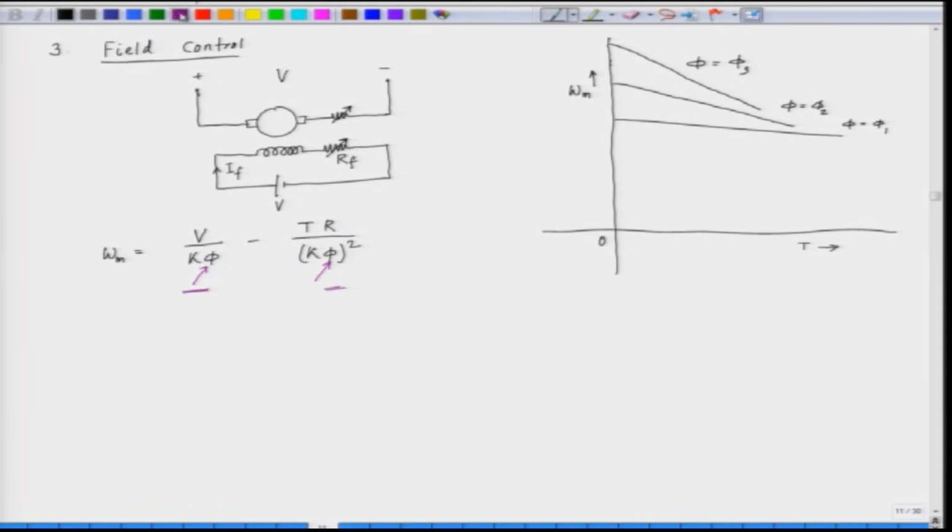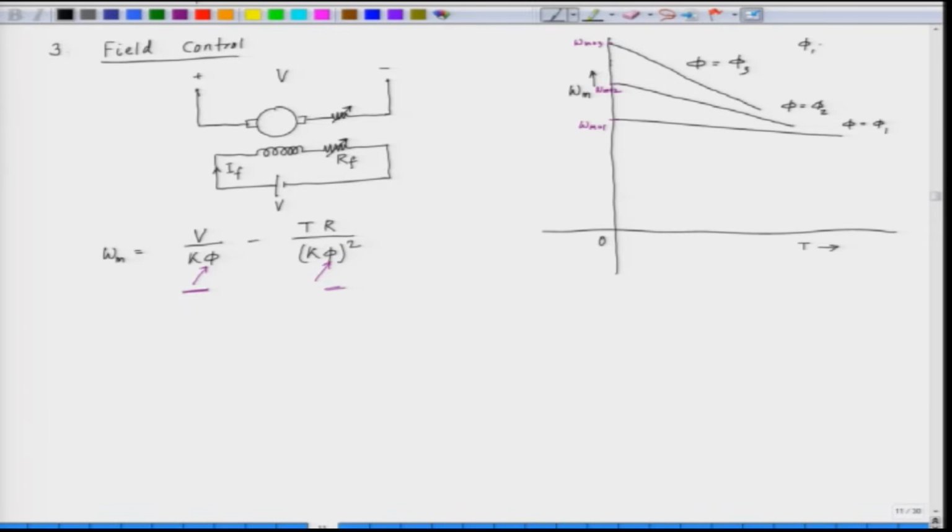So, what we get here? We get various no load speeds: this is omega m naught 1, omega m naught 2, and omega m naught 3. Now, this way of control is applied beyond the rated speed. When we decrease the field, phi 1 is greater than phi 2 is greater than phi 3.